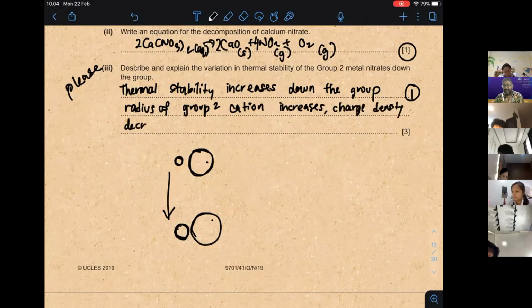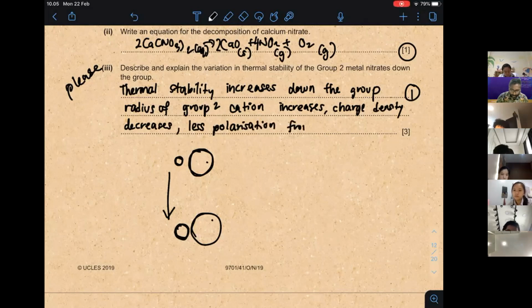When the charge density decreases, you need to talk about the ability of polarizing, or the polarizing power. So as you go down, there is less polarization from the cations down the group.